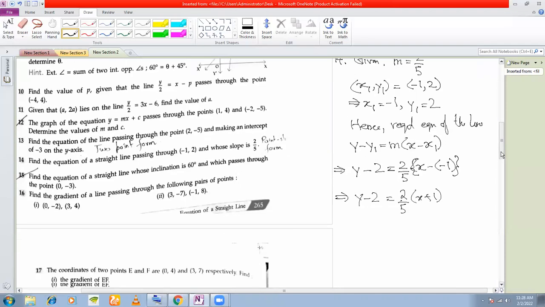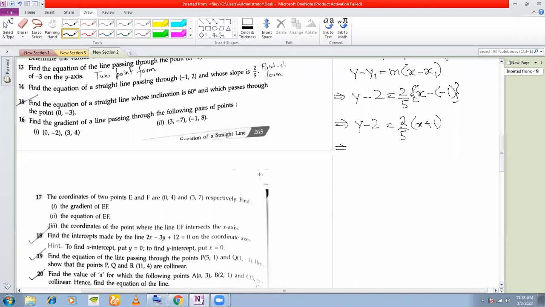Now it's expressed in the normal way by taking the right hand side 0. So multiply the entire thing by 5. 5 times y minus 2 is equal to twice x plus 1, means 5y minus 10 is equal to 2x plus 2.